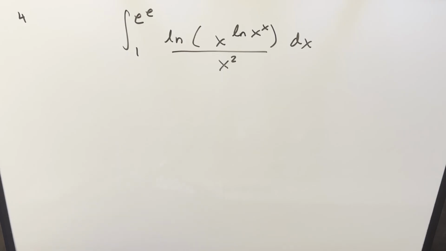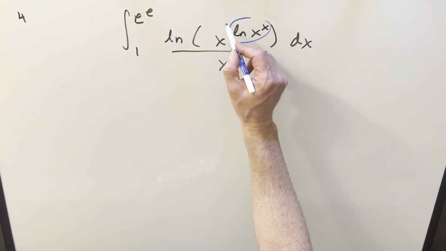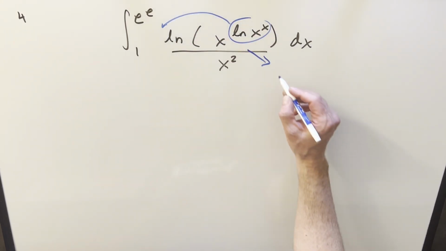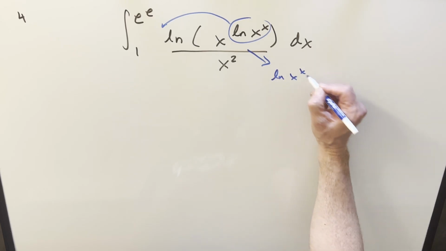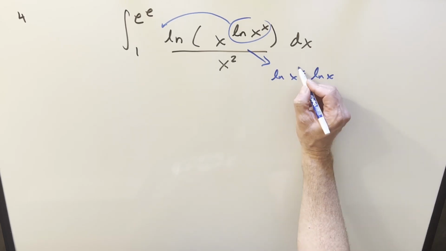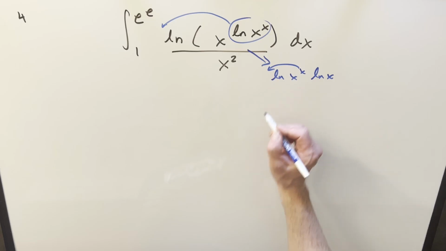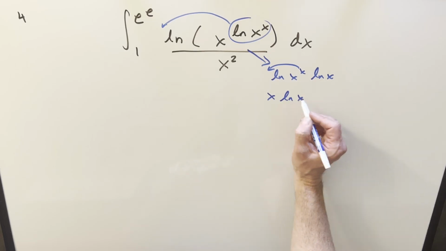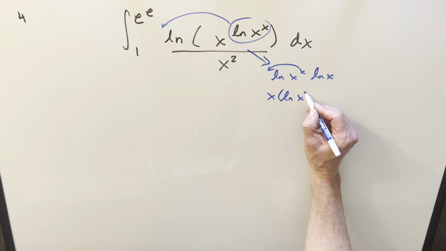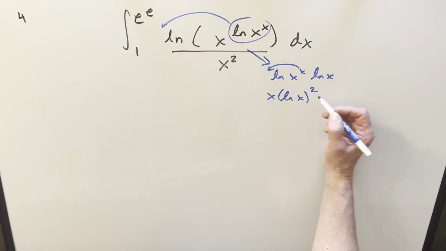So to get started, let's focus on the numerator and rewrite this. With exponent properties, I can bring this out front. So just focusing on the numerator, this becomes ln x to the x times ln x. Do the same kind of thing again, bringing the x out, so we get x ln x times ln x, but I can write this as x ln x squared.